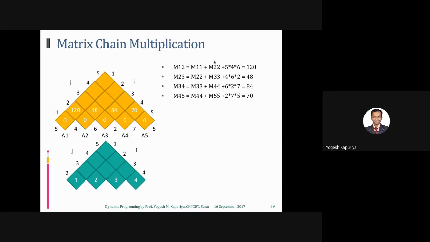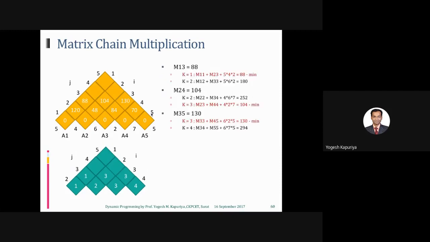It has only one possibility. K equal to 1, K equal to 2, K equal to 3 and K equal to 4, and there are no other options. We have discussed that. The first stage is very simple. You can straight away compute the number of multiplications required for each of these.